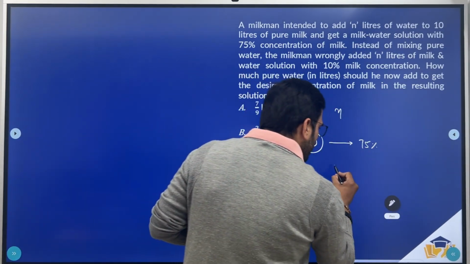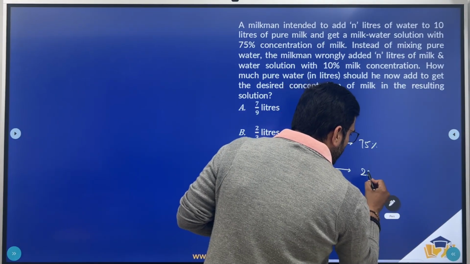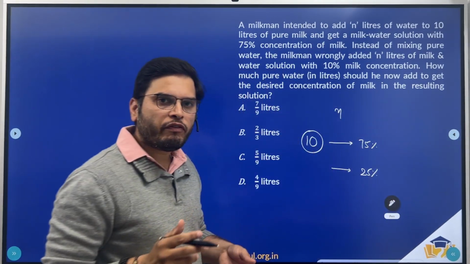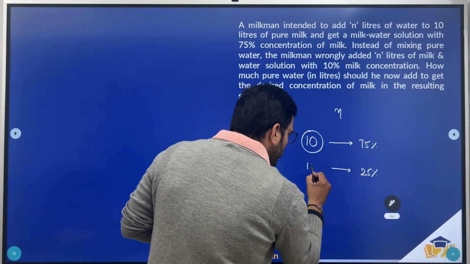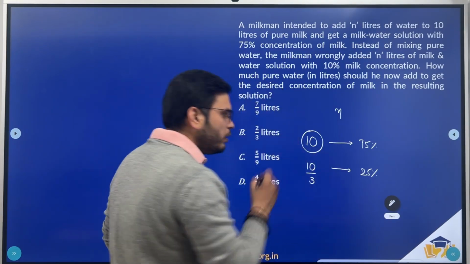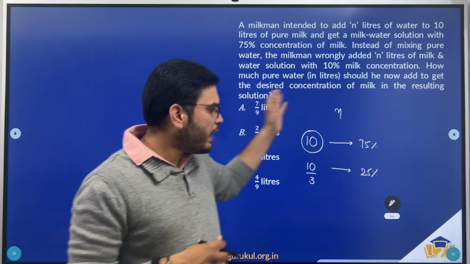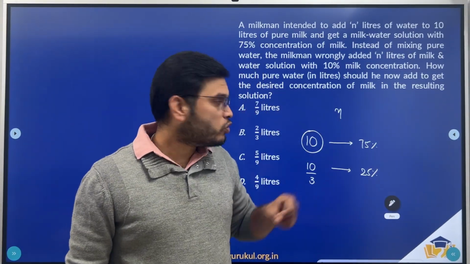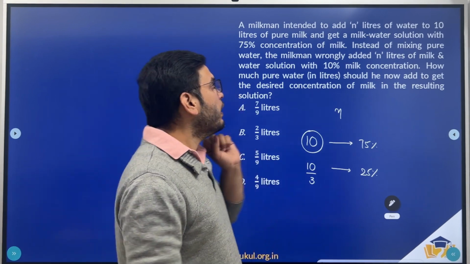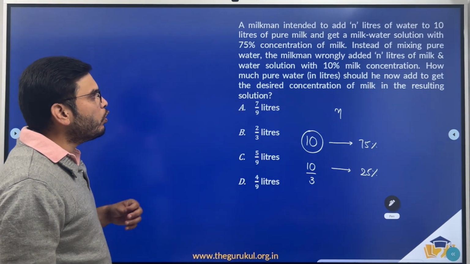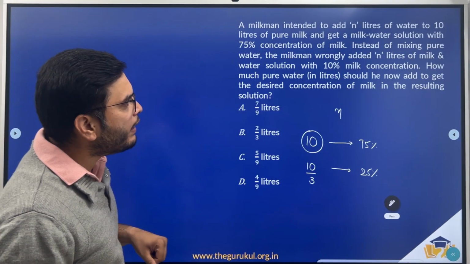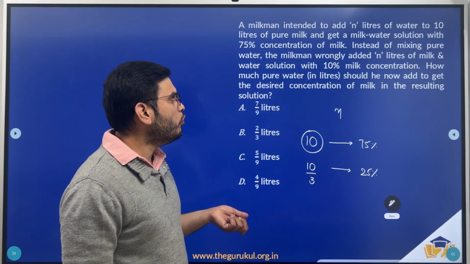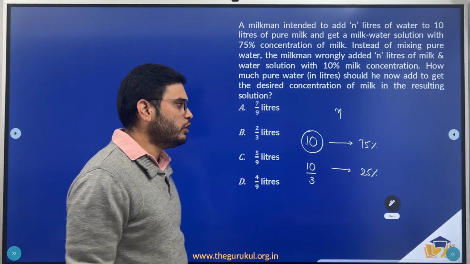Right, so if 75% is 10 liters, what should be the volume which is equivalent to 25%? That would be 10 by 3, right? So he should be adding 10 by 3 liters of water so that the concentration of milk after mixing would be 75%. Then what? Instead of mixing pure water, the milkman wrongly added n liters of milk and water solution with 10% milk concentration, right?